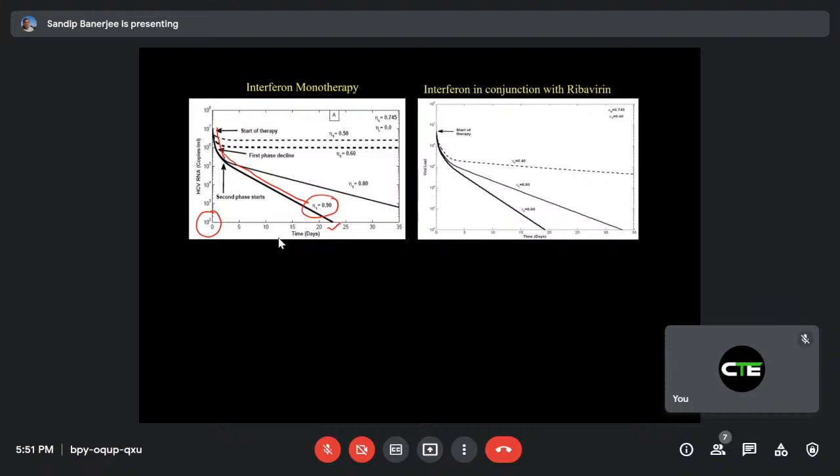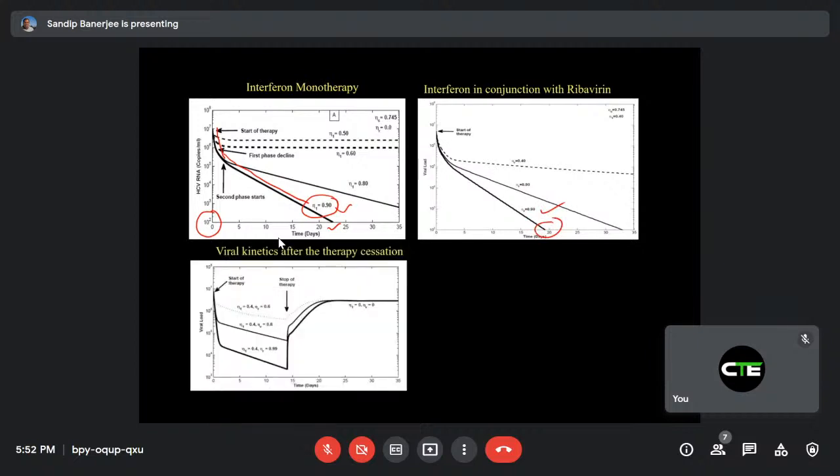There is a thing here: once you have taken interferon, after that, if you take ribavirin, it will not work. It will work once the efficacy of the interferon dies away a bit, then you introduce ribavirin, and only then it will work. So in this particular case, you can see with the same efficacies, you come down in 19 days.